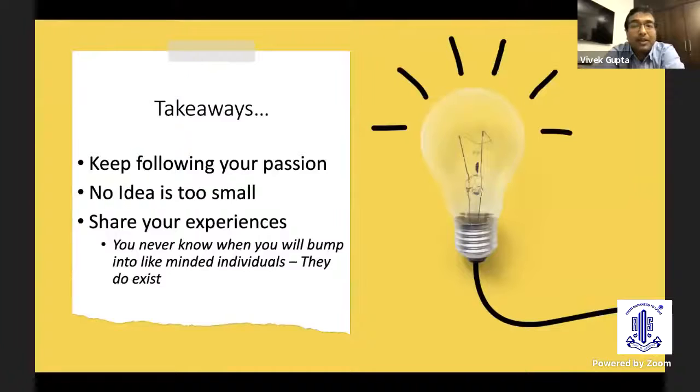So basically for me, I have always been passionate about technology. So I kept following my passion, and it was just an idea, a spur of the moment thing. But even that could win the ET SELVAM award. So, for me, a key takeaway was that no idea is too small. And it is important to share experiences.